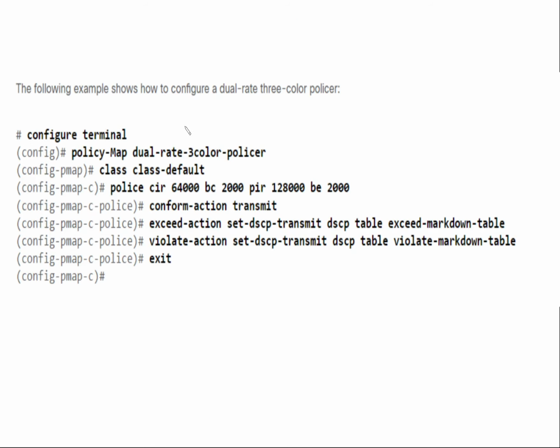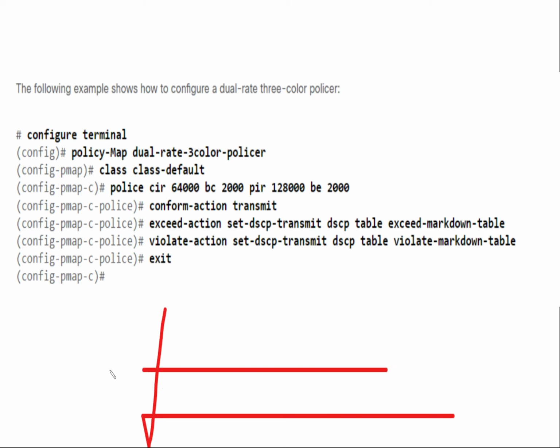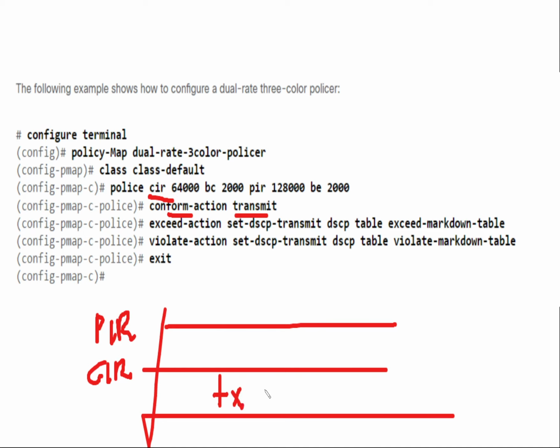In this case, we have another example of conditional marking. In this case, I have a zero value. I have a peer value. And I am saying that the conforming traffic will be just transmitted. So no remarking here.